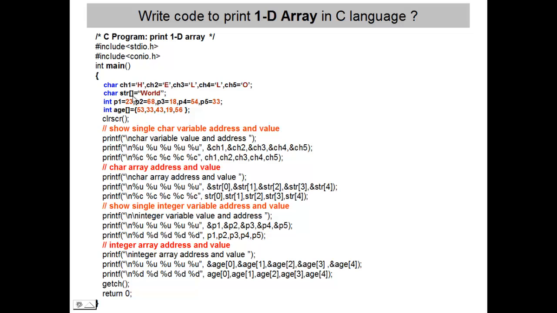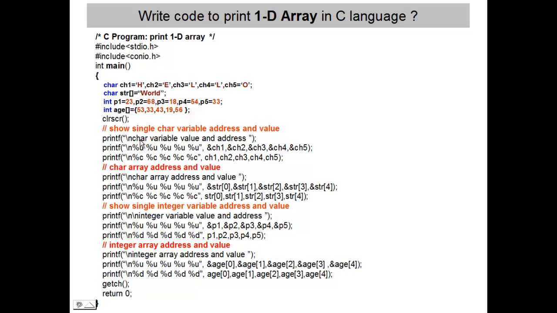Next I have created a character array str and assigned the value world, WORLD. Next I created 5 integer variables individually, p1 p2 p3 p4 p5, and assigned the values. Now again I created the integer array whose name is age, and assigned the values.